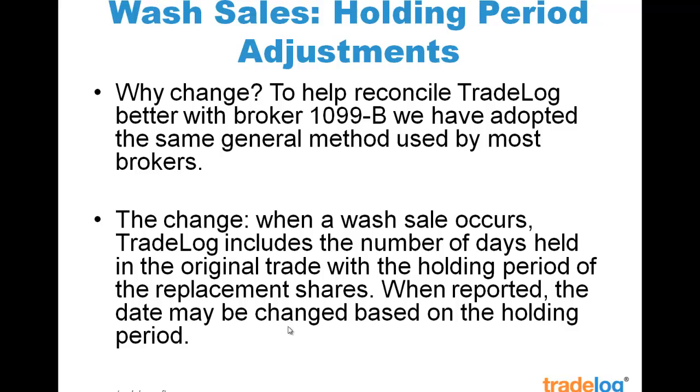So to help reconcile 1099B better, TradeLog has now adopted the same method. The thing is, the IRS really doesn't state specifically how to make these adjustments. They don't say to change dates. They don't say how you would account for the holding period. So that's why there's nothing wrong with what TradeLog did in the past, but this is more of just an adjustment to better harmonize with what brokers are reporting.